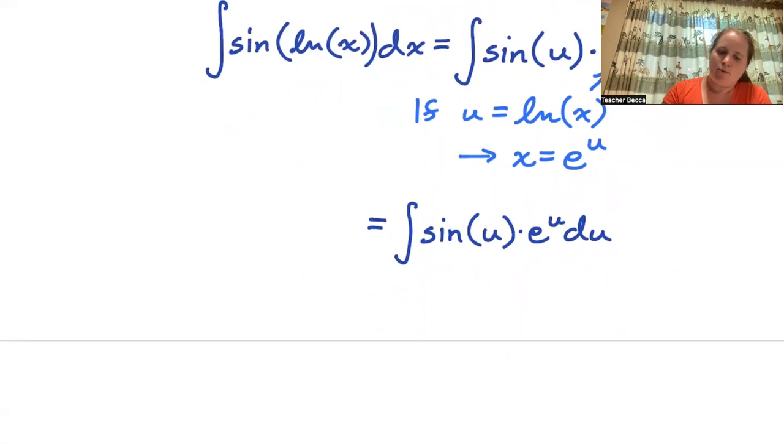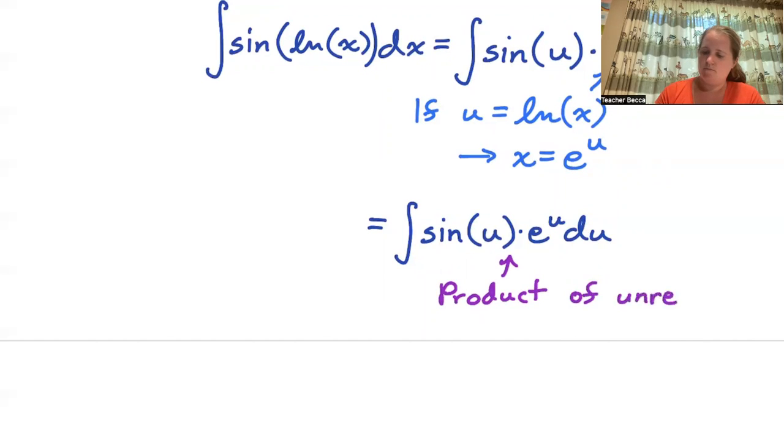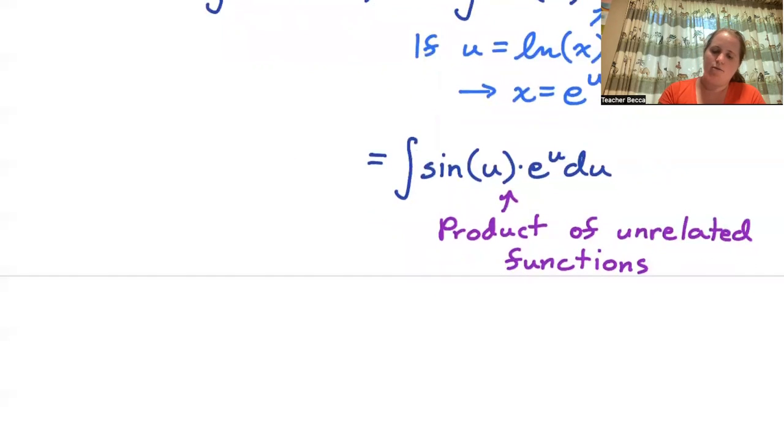So now we have a product of completely unrelated functions, at least when it comes to integrals and derivatives. And so that lends itself towards integration by parts.